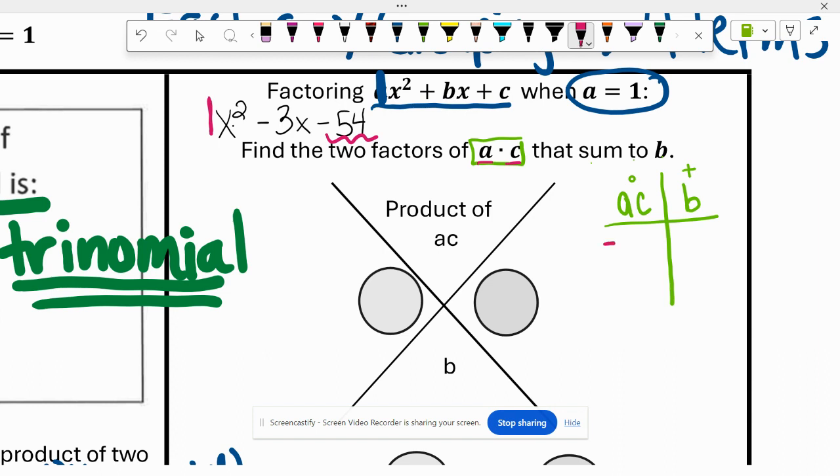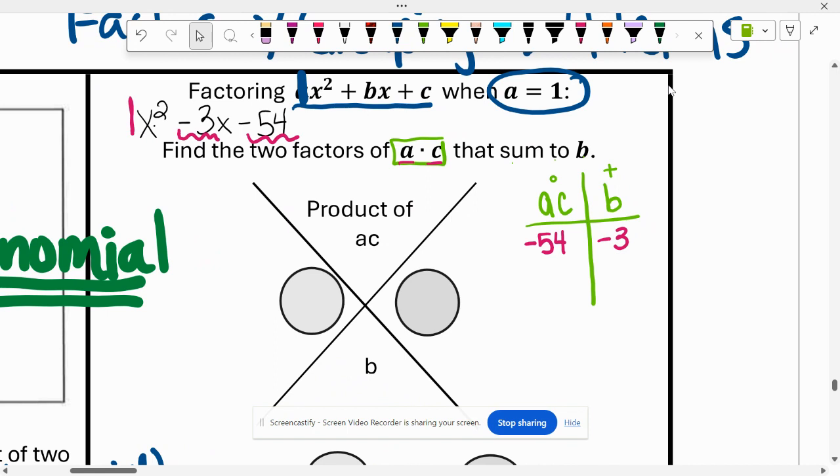It's negative 54. So what are two numbers that multiply to negative 54 and add to, what's the value of b? Negative 3. Okay, so we have to list all of the factor pairs of negative 54.